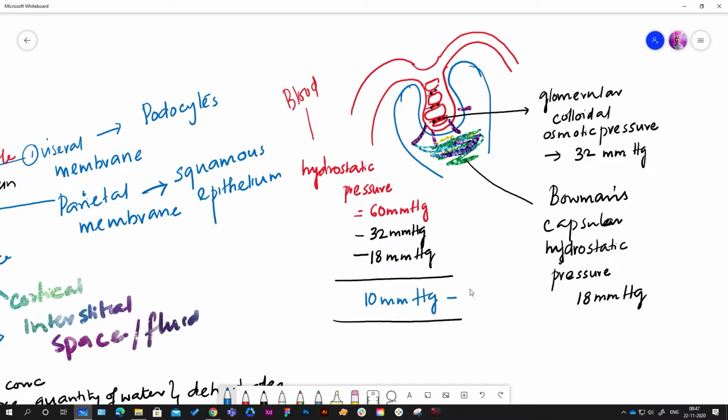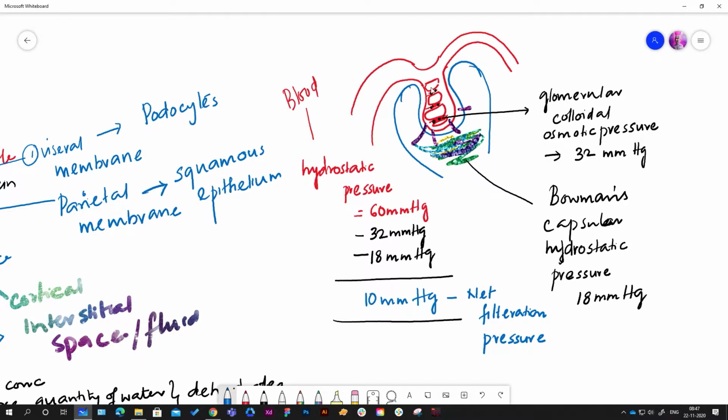This is called net filtration pressure. So this is the pressure with which the blood is filtered into the Bowman's capsule.